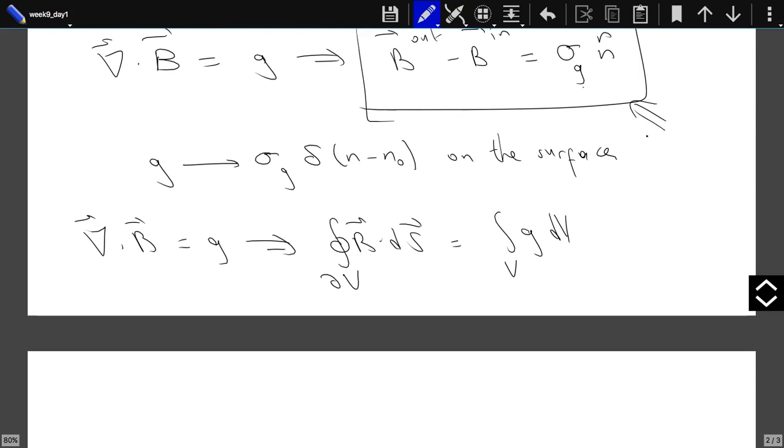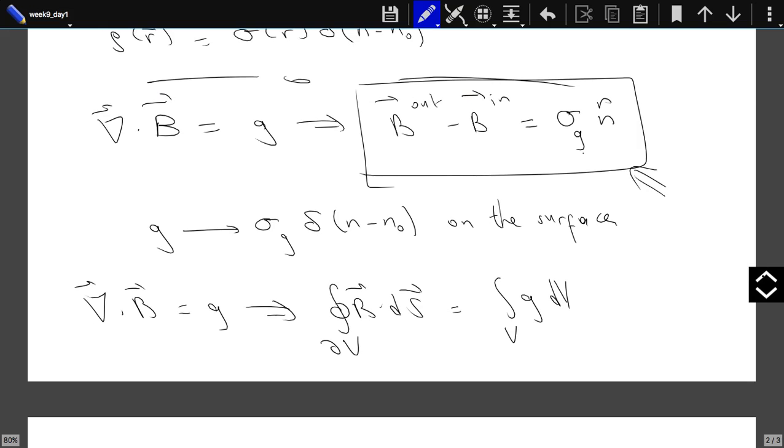And then to prove this relation over here, let me rewrite it in a different form. This is not the correct form. This is the correct expression.